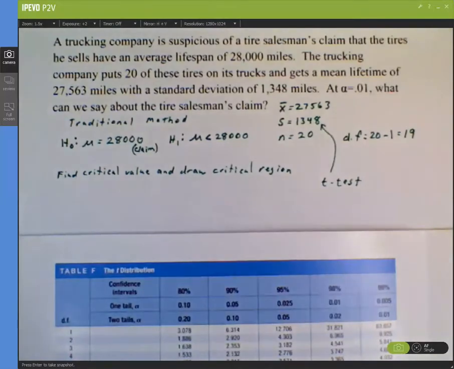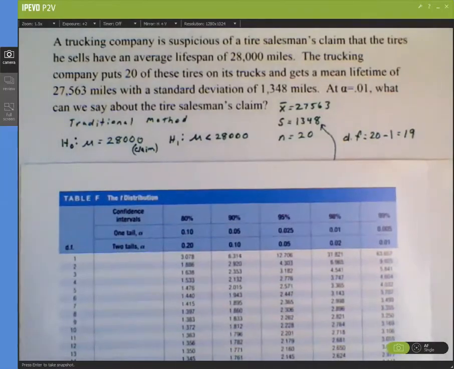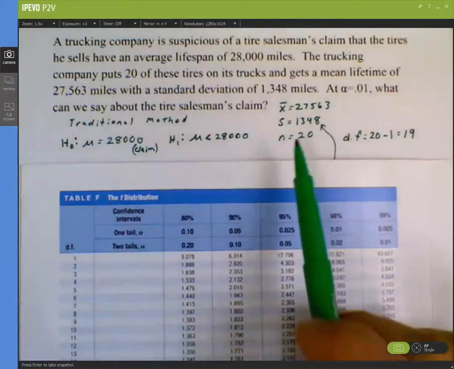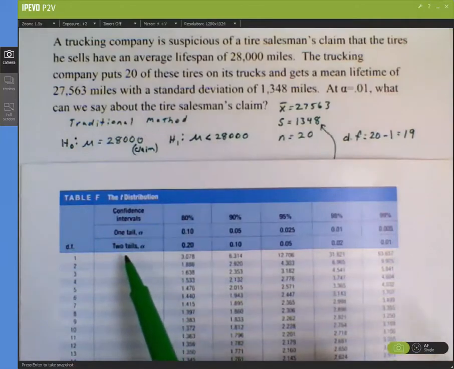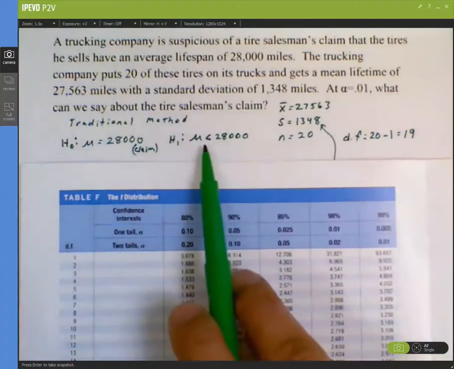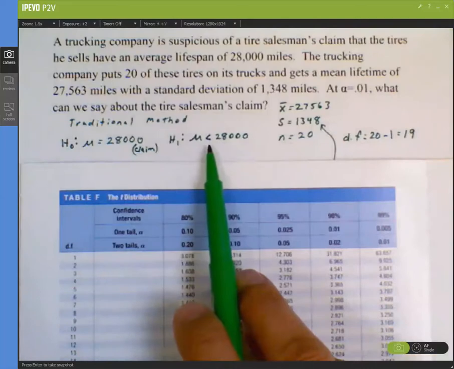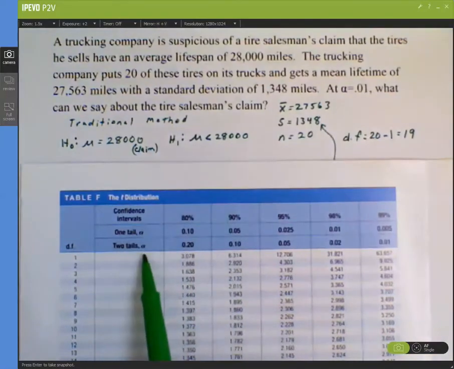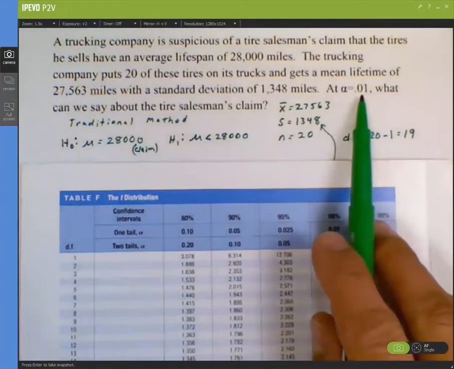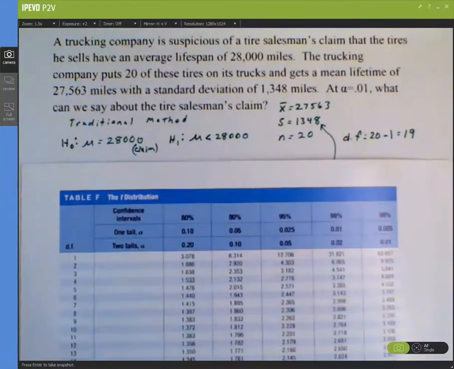Okay, so now we're ready to go to our t-distribution table. We need to know a couple other things. First of all, is this a one-tail or a two-tail test? Well, we're looking at mu being less than 28,000, so it's one tail. It is a left tail test. Okay, we need to know our alpha level. There's alpha, 0.01.